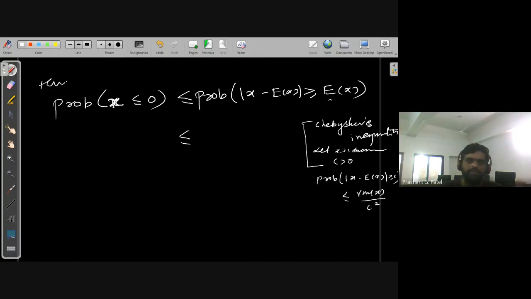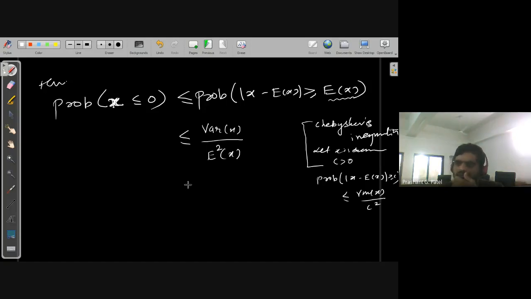So here, in place of C we have expectation of X, and so this is variance of X upon C square, which is expectation square of X.